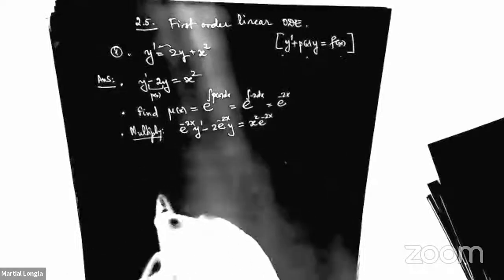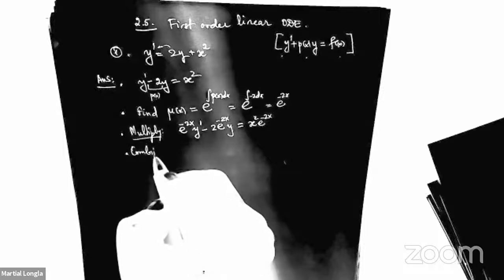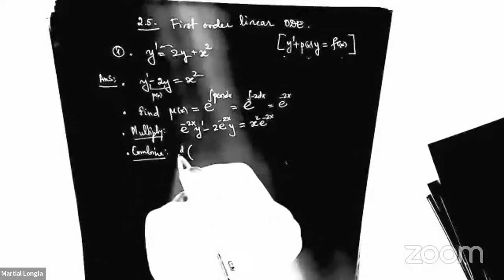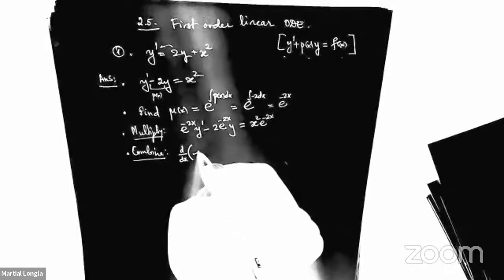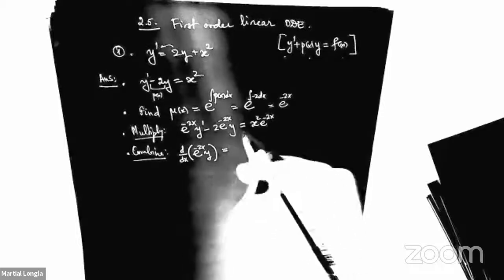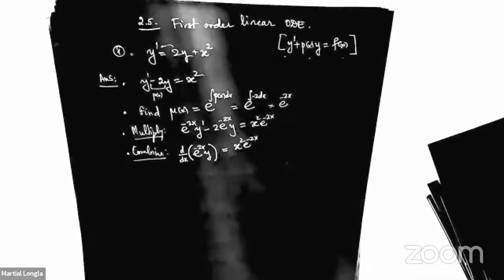And then we combine the terms on the left into one derivative, so that is d over dx of e to the -2x y equals x squared e to the -2x.